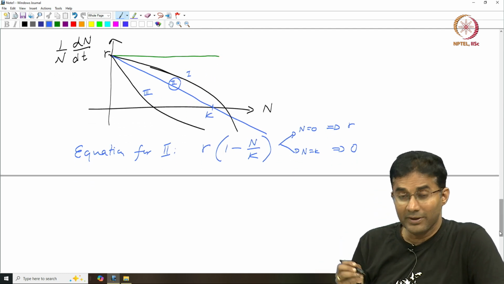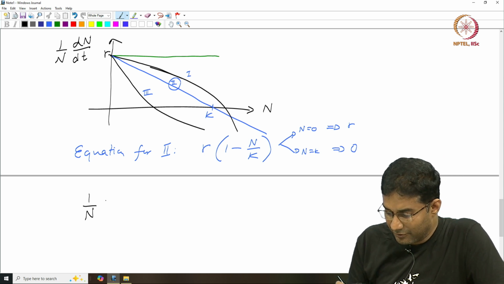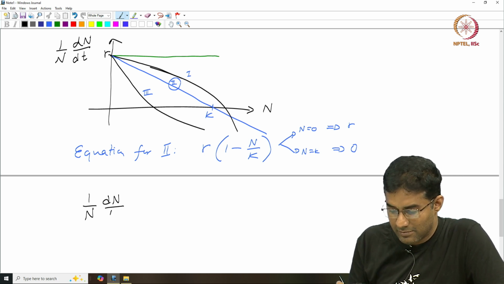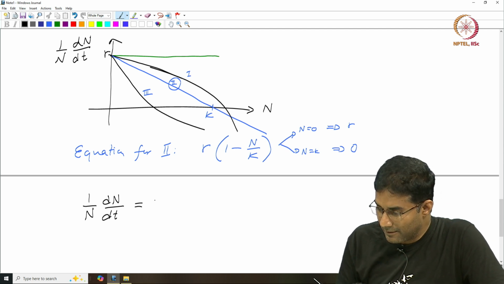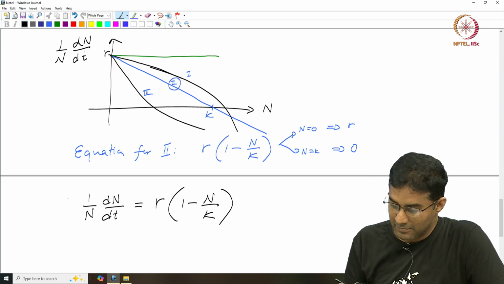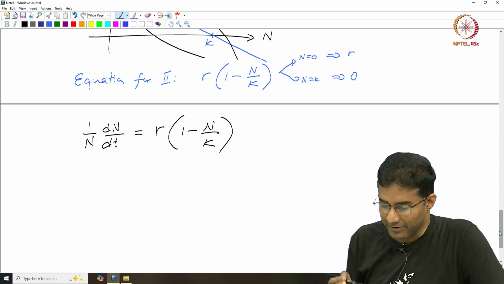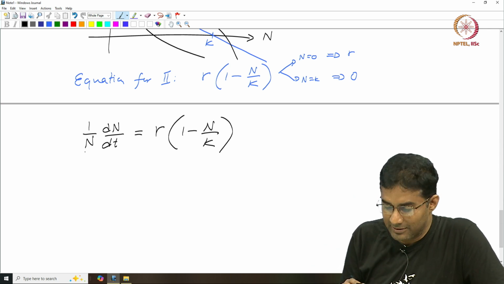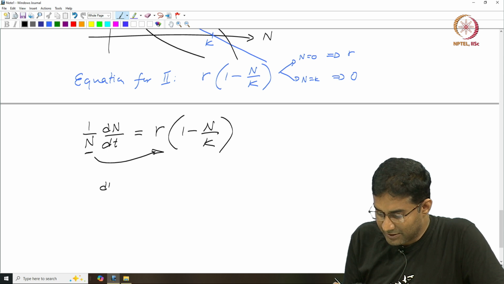So, what we can therefore now do is write the per capita growth rate to be equal to r times 1 minus N by K. Now, we can simplify this further by taking this capital N to the right hand side.